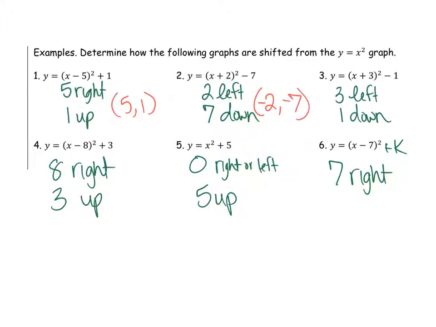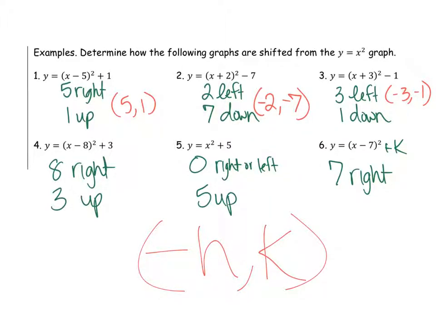Watch inside that parentheses. It's the opposite sign. Like for number 3, it's going to be -3, comma, -1. So the parentheses has the opposite sign. That's why I say -h and k as my vertex. Whatever h is, it's the opposite sign of whatever's inside the parentheses. And then k is just whatever number. It's the same sign.